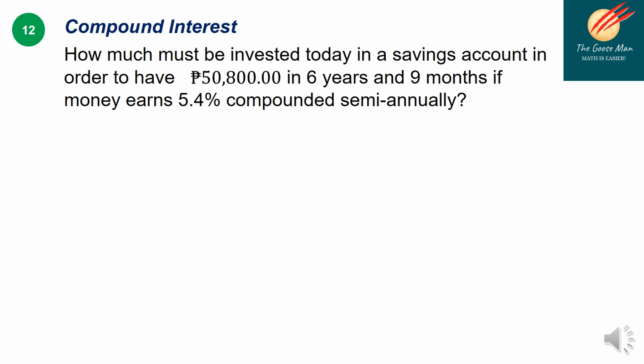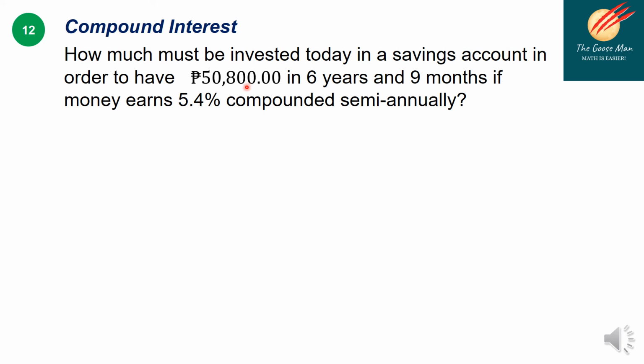So let us analyze this word problem. How much must be invested today in a savings account in order to have 50,800 in 6 years and 9 months if money earns 5.4% compounded semi-annually? If we analyze, the future value is 50,800 because this is the money that you will have in the future.